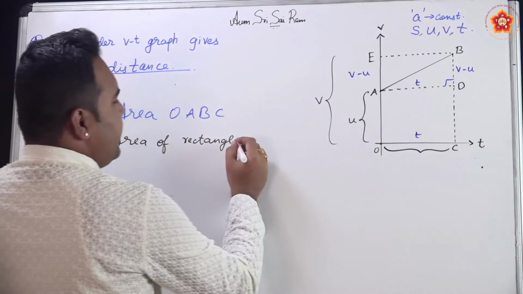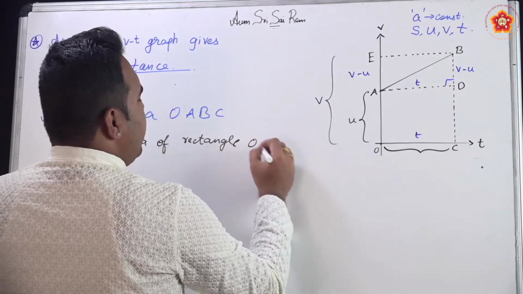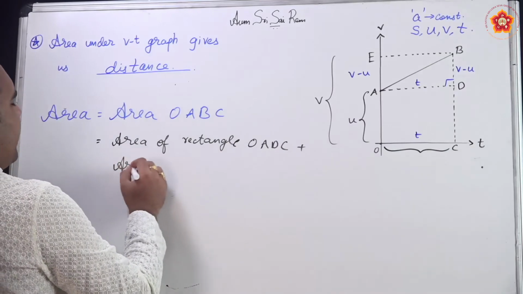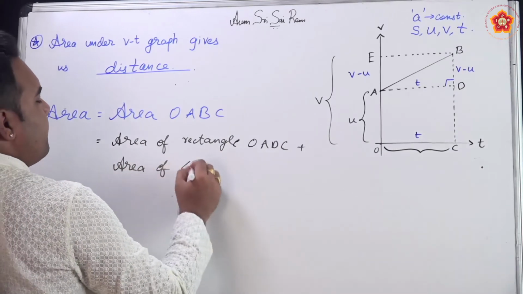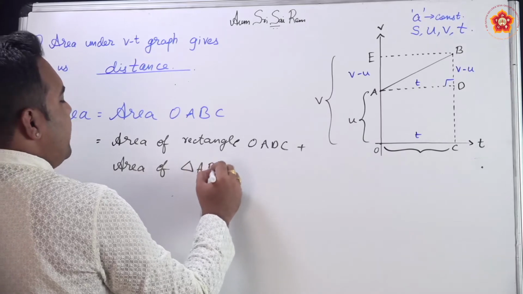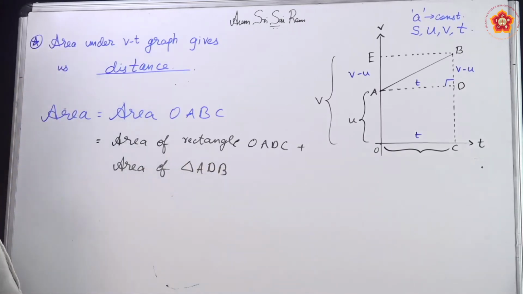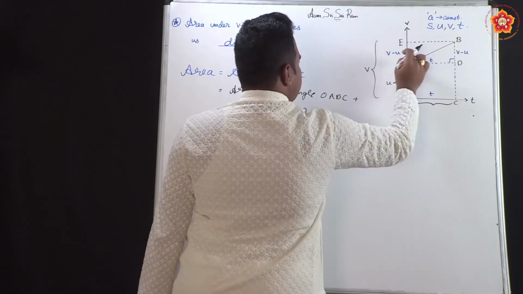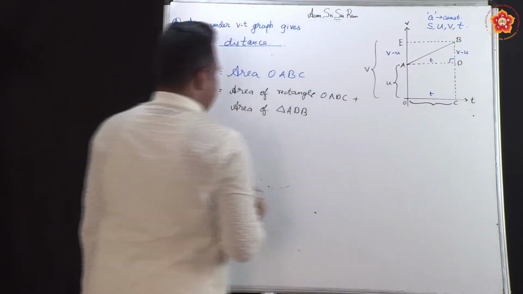So, area of the rectangle OADC plus area of triangle ADB. The area of the rectangle plus the area of the triangle will give us the area of this figure OABC.